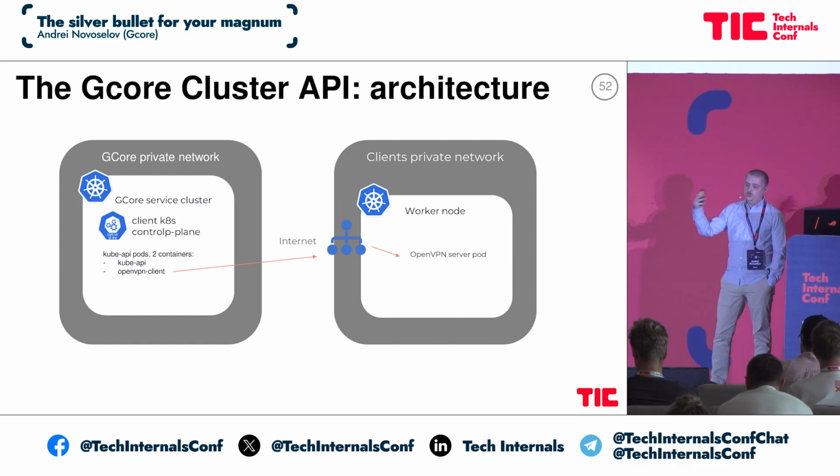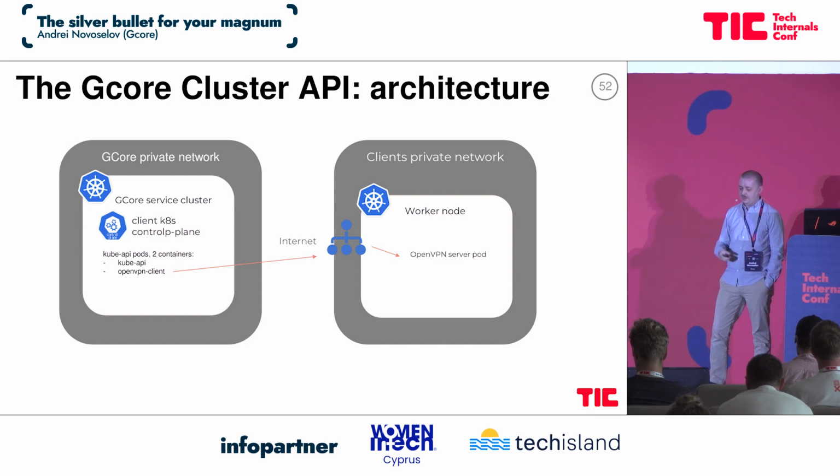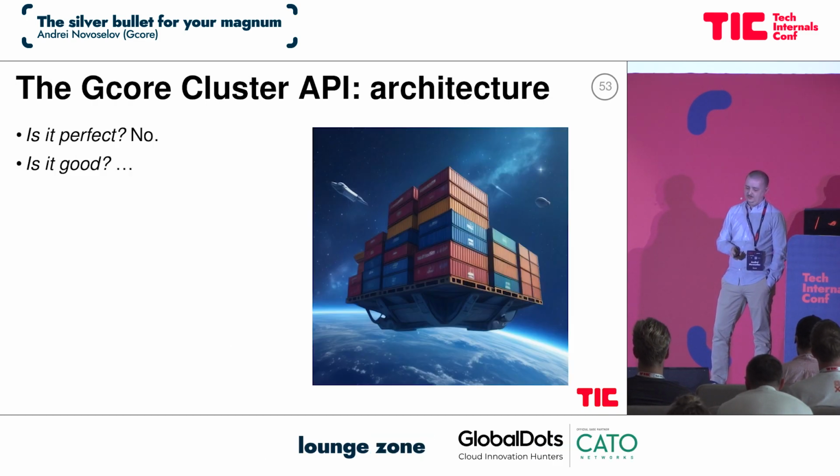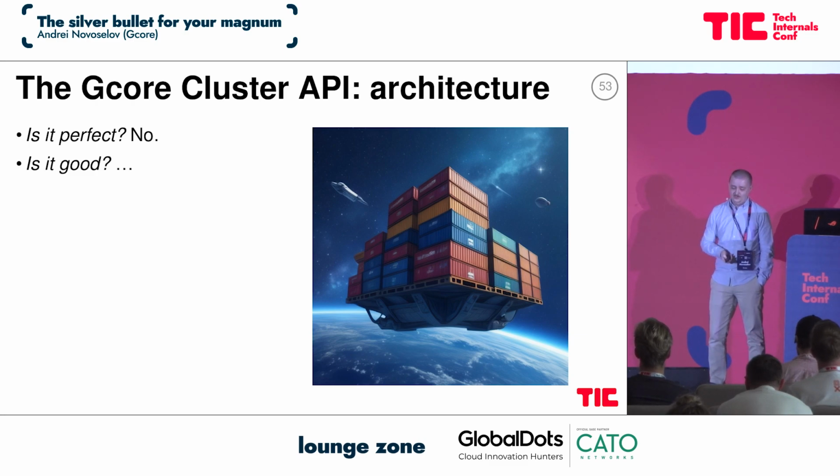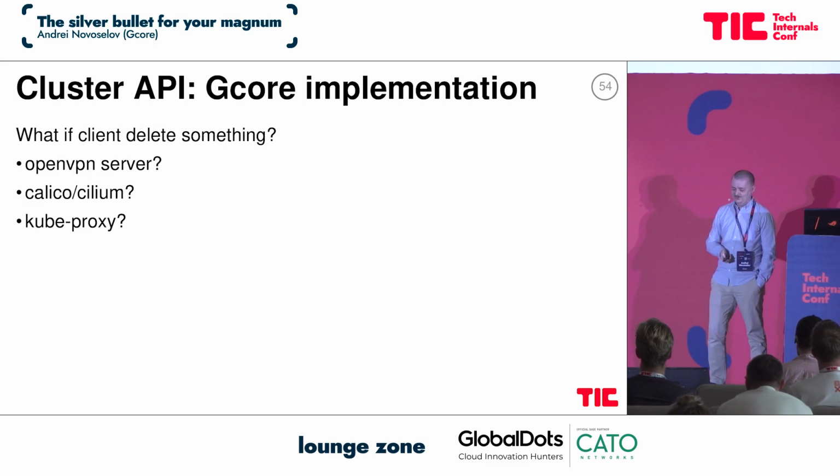And it brings the routes to the worker nodes, to the pods, to the services, right to the Kube API under its feet. And is it perfect now? No. Is it good? Well, it's better.